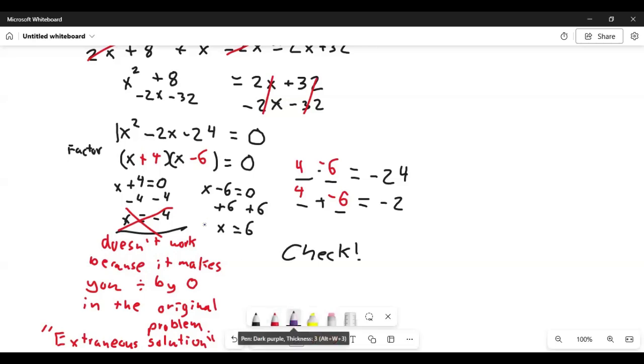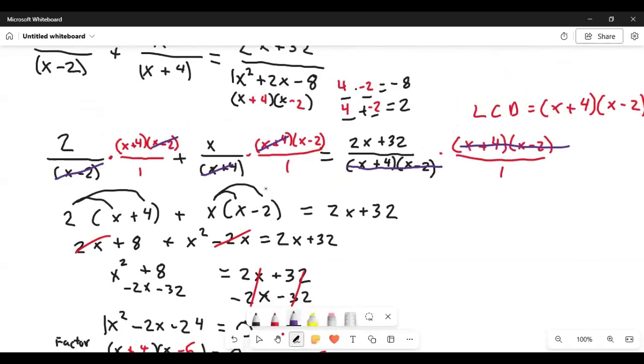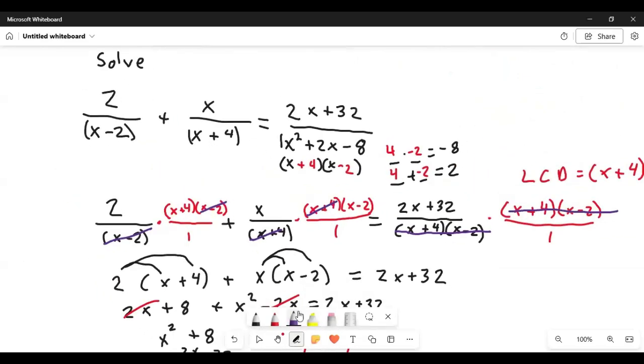But let's also check this second answer, x equals 6, to make sure it doesn't make us divide by 0. If I put 6 in for x, 6 minus 2 is not 0. Good. If I put 6 into the second fraction, 6 plus 4 is not 0, good.